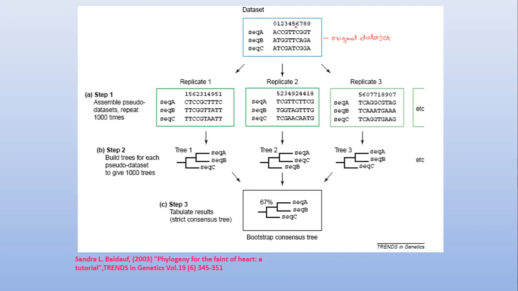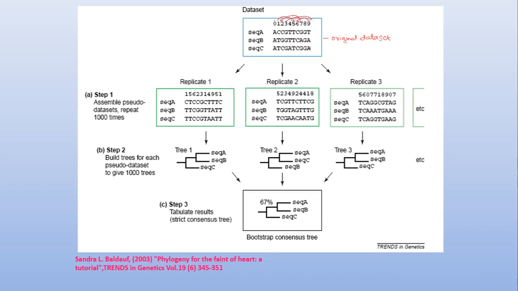So this is your original data set. In bootstrap analysis, we reshuffle the columns in your original data set. By reshuffling, I mean you would transfer the first column to fifth, the seventh column to second, the third column to ninth, the ninth column to sixth, and so on and so forth.